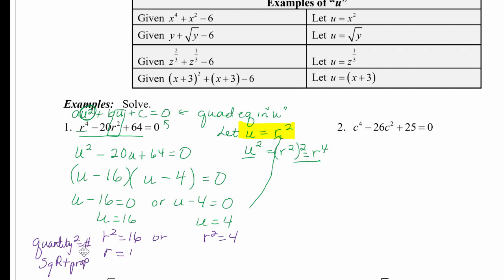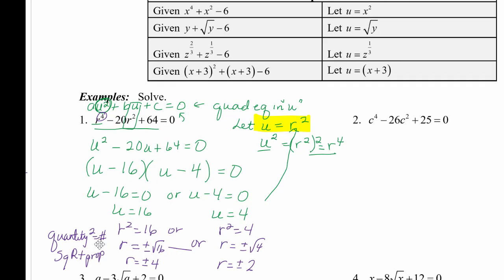So r equals plus or minus square root of 16, r equals plus or minus 4, or r equals plus or minus square root of 4, r equals plus or minus 2. So our original fourth degree polynomial has 4 roots, and they are -4 and +4, -2 and +2. Okay, and you can check those in your calculator. All right, let's go to the next one.